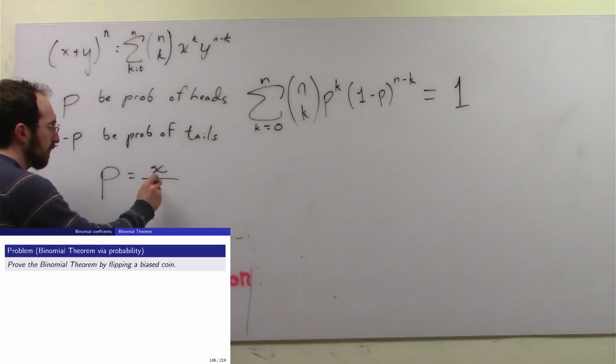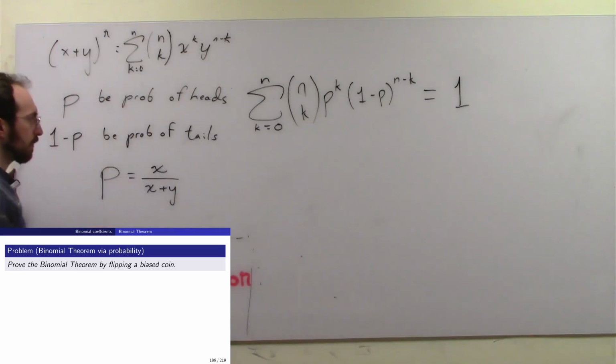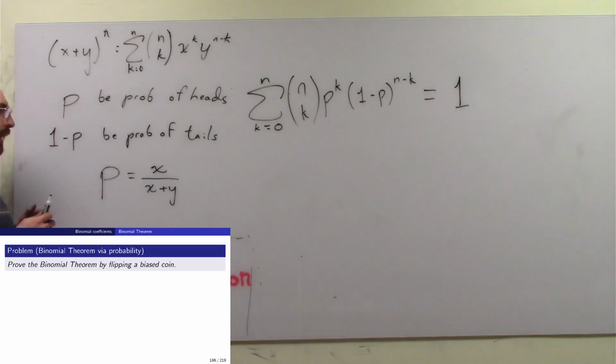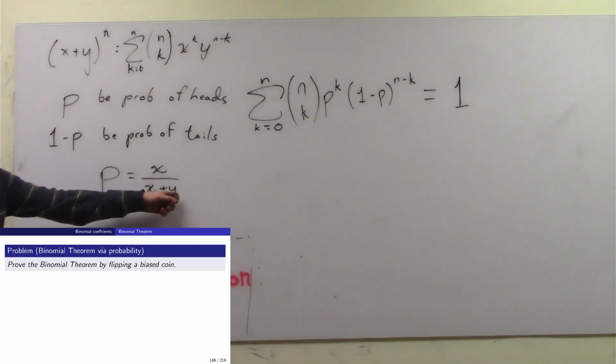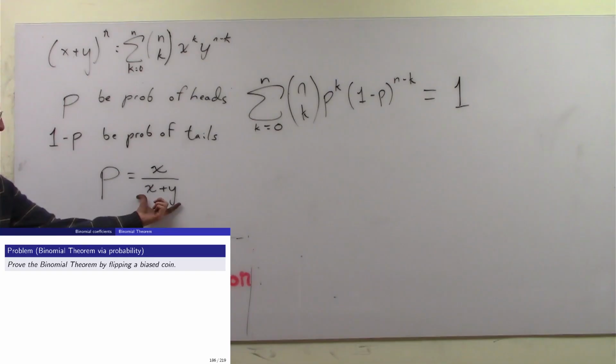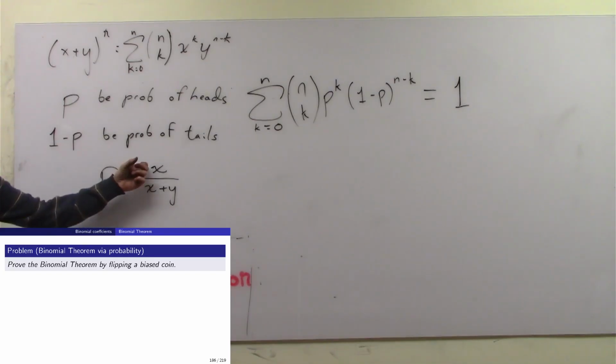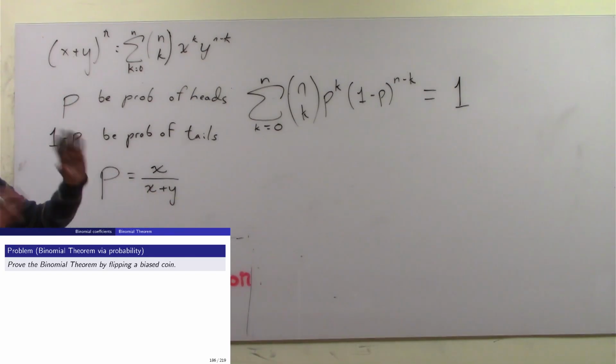I'm going to set p to x divided by x plus y. Just for a sanity check, the idea with probabilities is that they are less than 1, and x divided by x plus y, if x and y are both positive, then x is less than the sum, so it's less than 1. We're chilling.